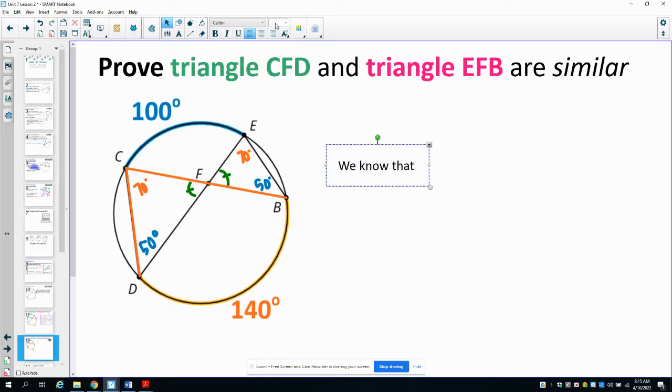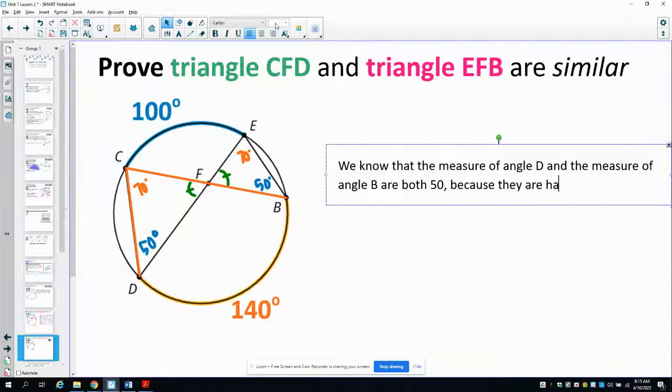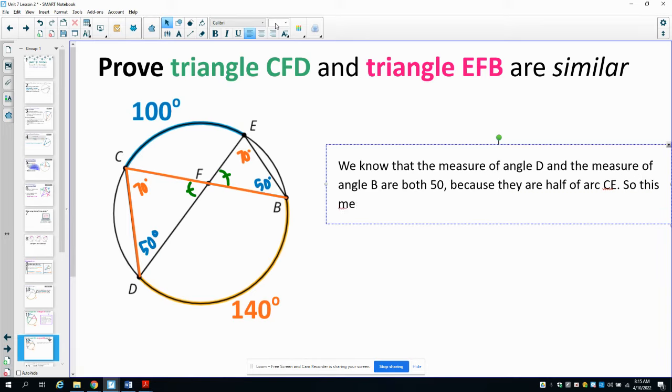So we know that the measure of angle D and the measure of angle B are both 50 because they are half of arc CE. And so this means angle D and angle B are congruent.